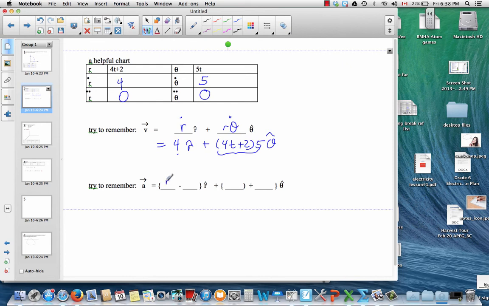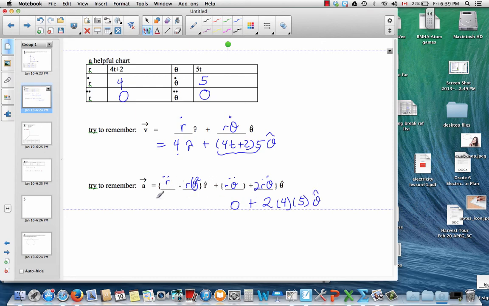For the acceleration components, it's r double dot minus r theta dot squared in the radial direction, and then r theta double dot plus 2 r dot theta dot in the angular direction. Now theta double dot is 0, so that term just disappears. This time though we do have an angular term because of the r dot. It's 4, theta dot is 5. So there's our angular acceleration.